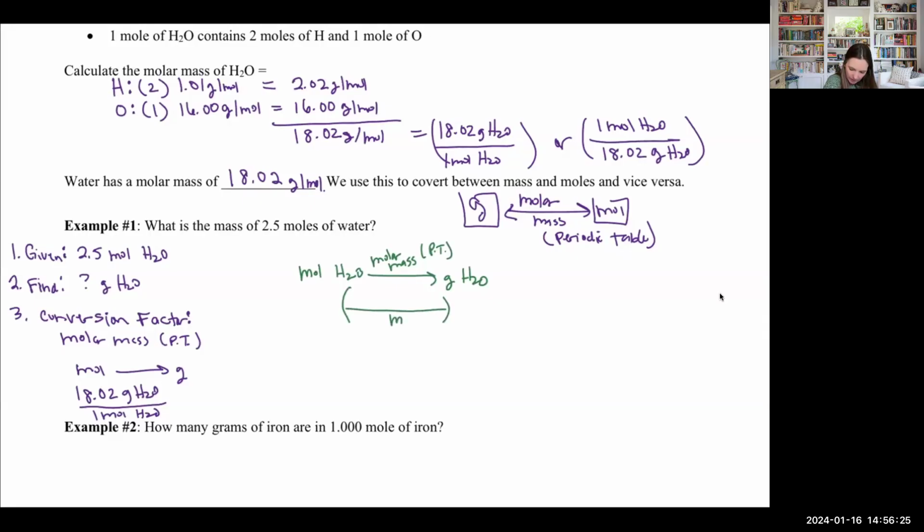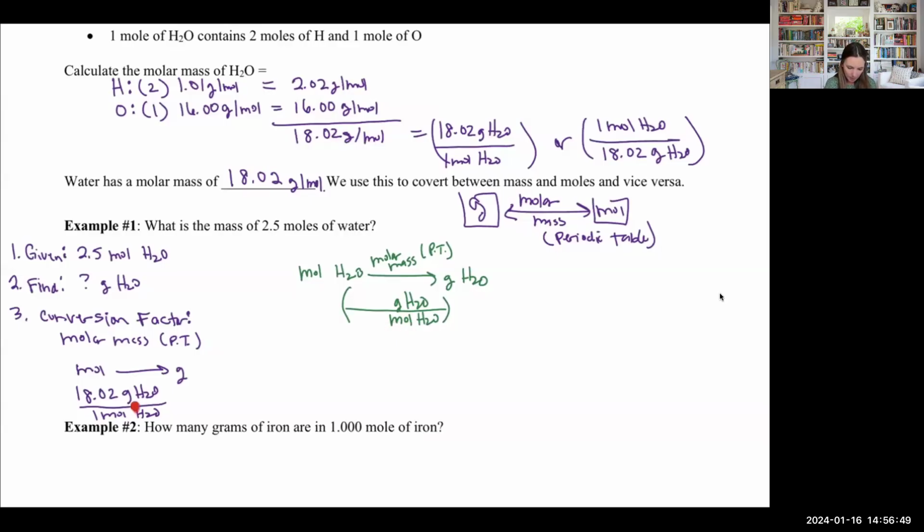So moles of water go downstairs. Grams of water go upstairs. So be specific, not just grams per mole, but grams per mole of what? Because right now we're converting from moles of H2O to grams. Moving forward, we'll convert from sometimes moles of water to moles of hydrogen or moles of water to moles of oxygen. So we need to be specific with our units.